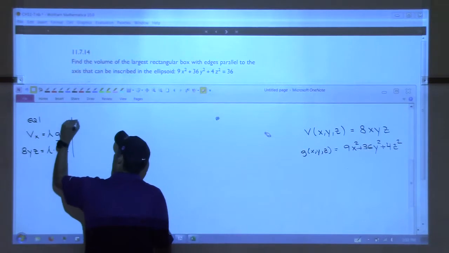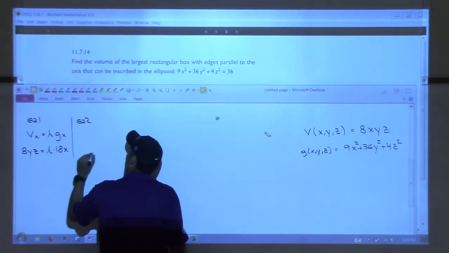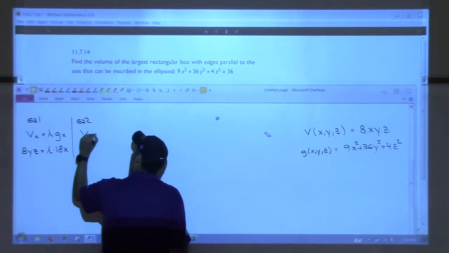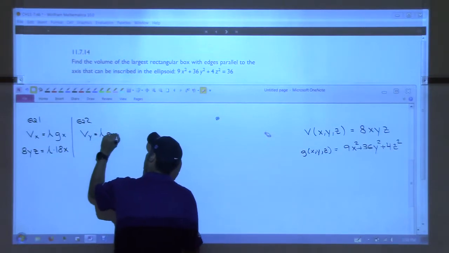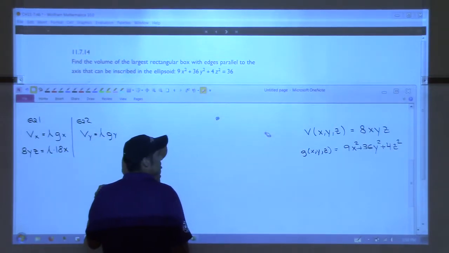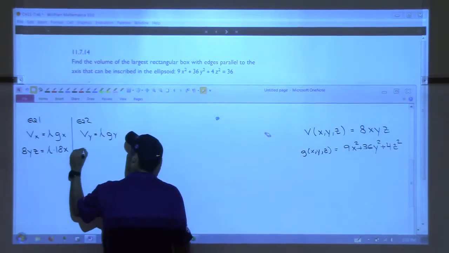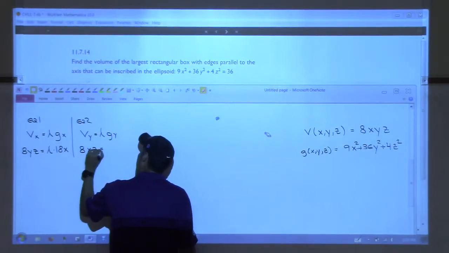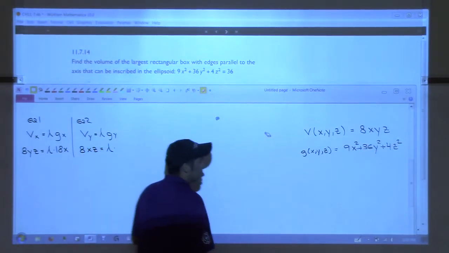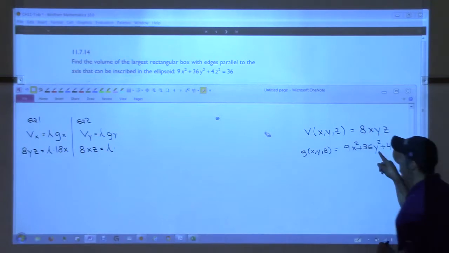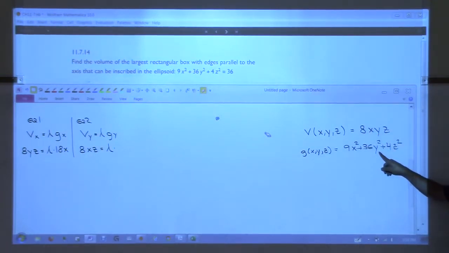Our second equation is the partial of v with respect to y equals lambda times the partial of g with respect to y, which is 8xz this time, lambda, and then the partial of g with respect to y is 72y.